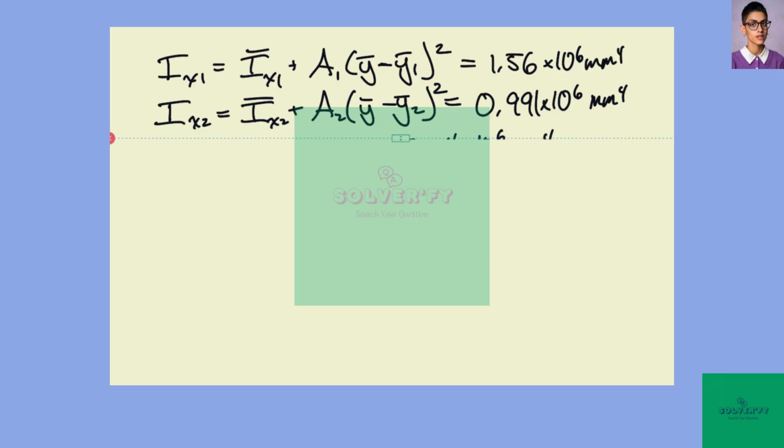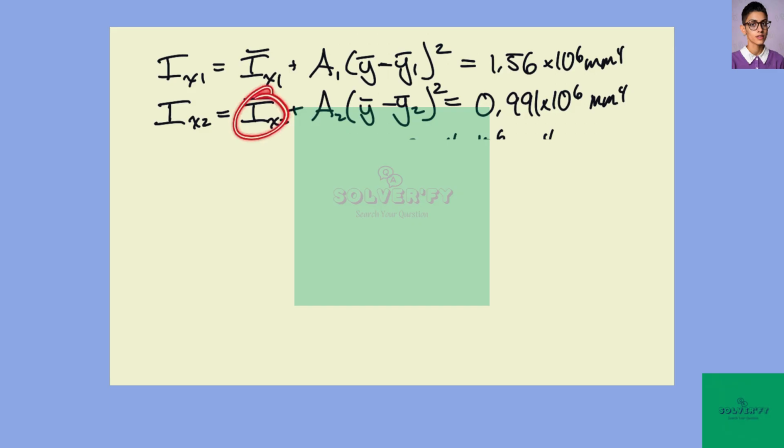Do the same thing for the L angles, and we get that those give us 0.991 times 10 to the 6th millimeters to the 4th.